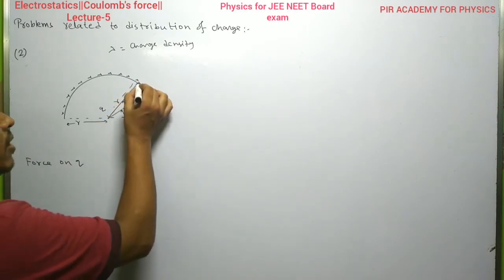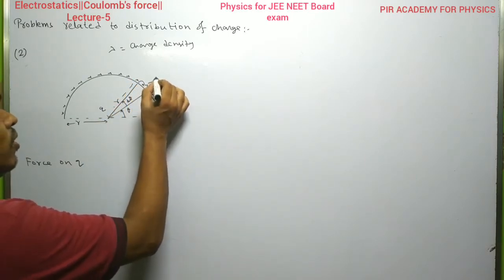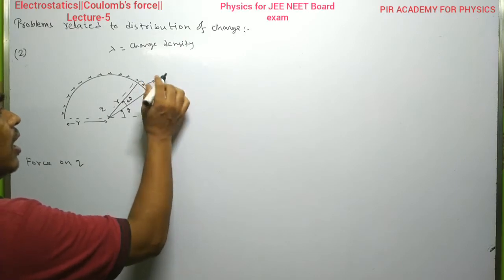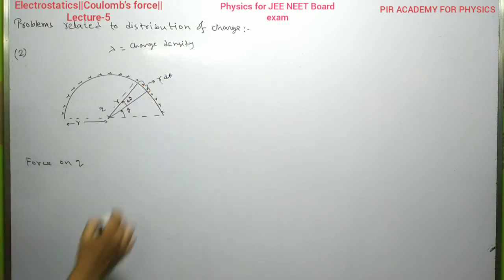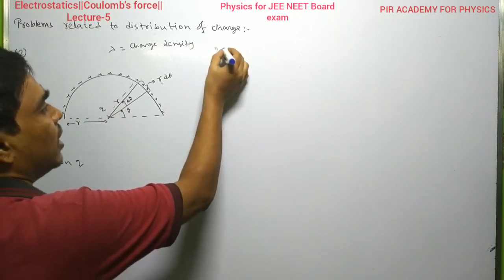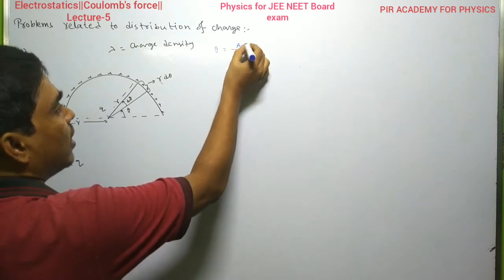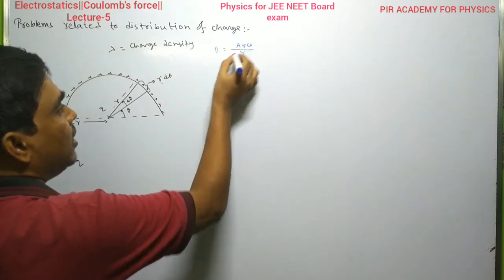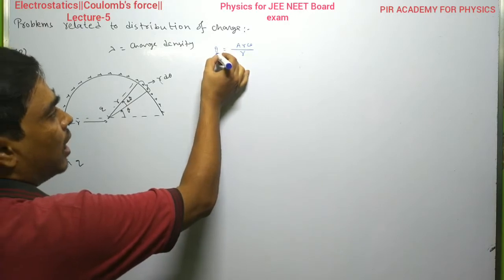This distance will be r d theta, because theta equals arc divided by radius, so arc will be r theta.